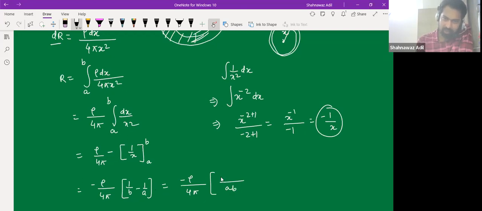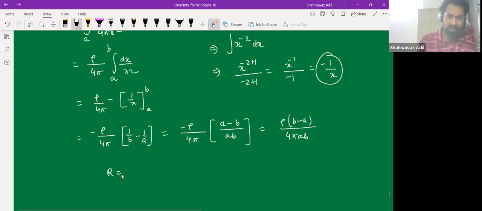And this minus goes inside. So this will become rho (b minus a) divided by 4 pi ab. So this is the resistance of a spherical body which is hollow from the inside, right?